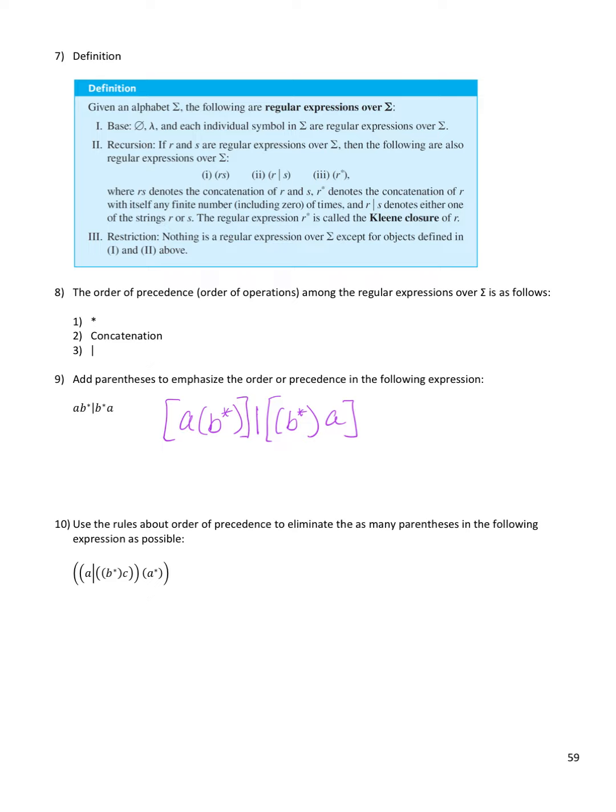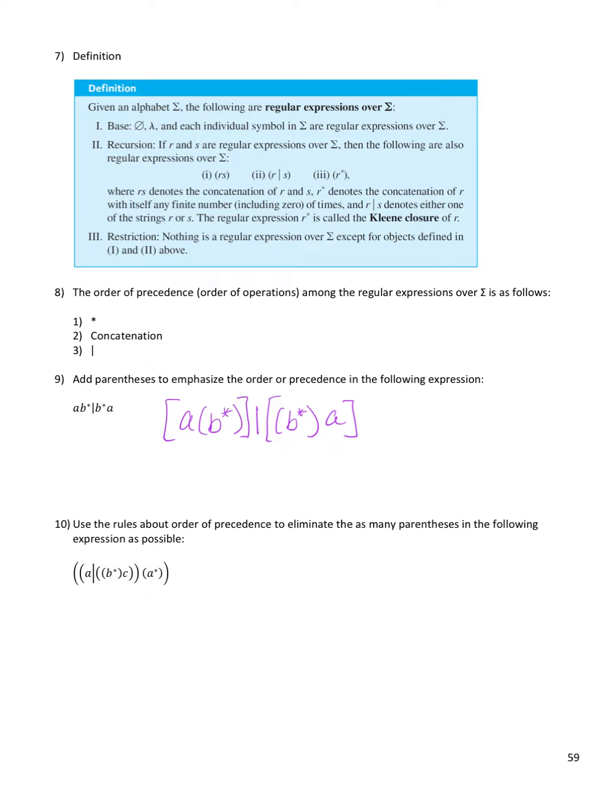Now here I have one written with a lot of parentheses to make it really clear, but I don't need them all. So I'm going to take out as many as possible and rely on the order of precedence. B star and A star should not need parentheses around them.